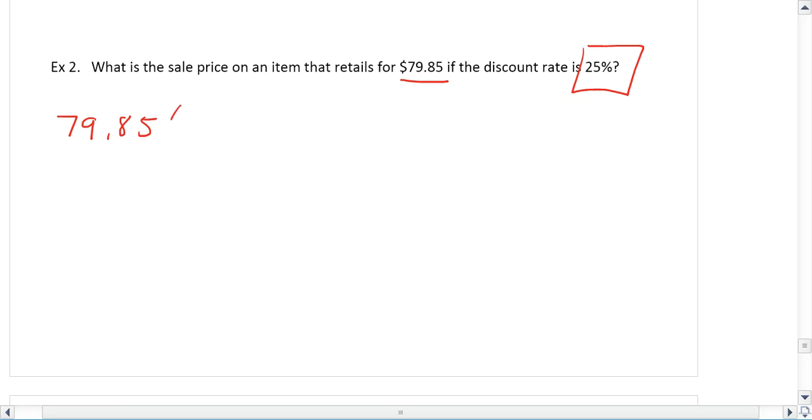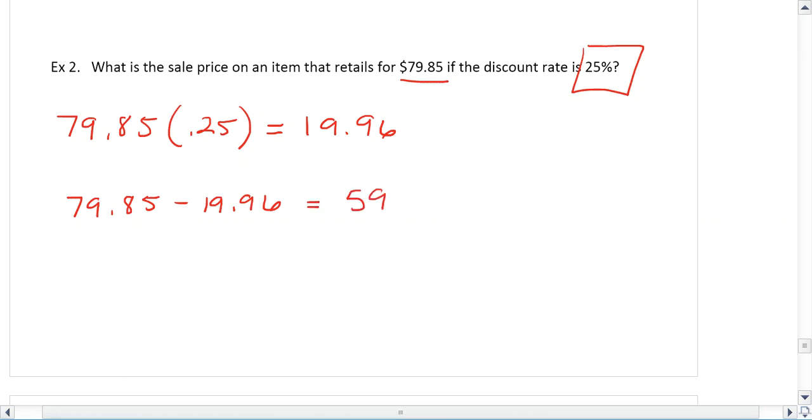So if we take the sale price and multiply it by 0.25, we get $19.96. And then we can do the subtract step where we take that discount off of the retail price. And we get $59.89.